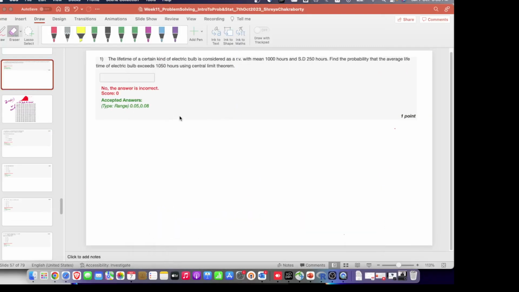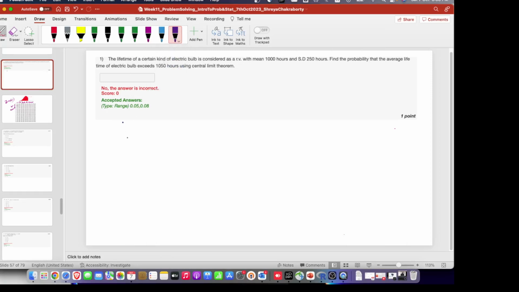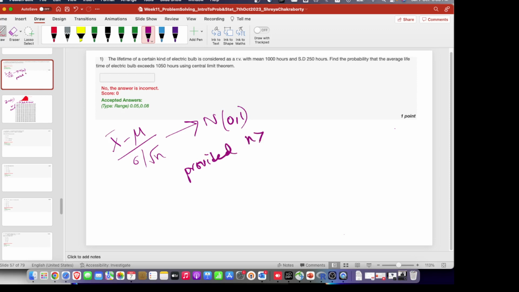So here we have another similar problem where we have been asked to use CLT. So CLT, or central limit theorem, states that x bar minus mu by sigma by root n, if n is sufficiently large, converges in distribution to a standard normal distribution, provided n is very very large.